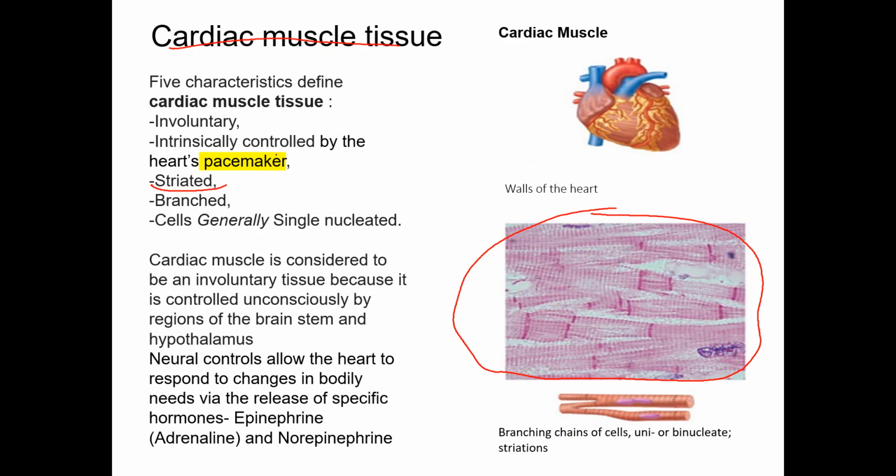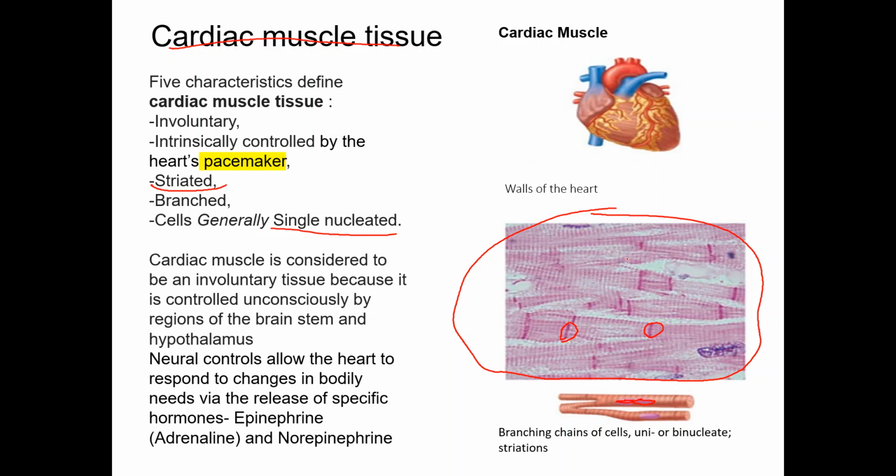But it's distinct because generally the cells are single nucleated. Sometimes you may have a binucleated cell, as shown here. Skeletal muscle cells are multinucleated. And very distinctively, you can see these areas known as intercalated discs.